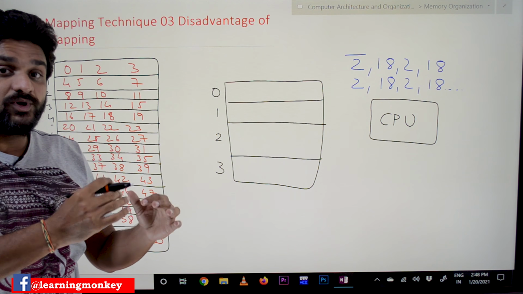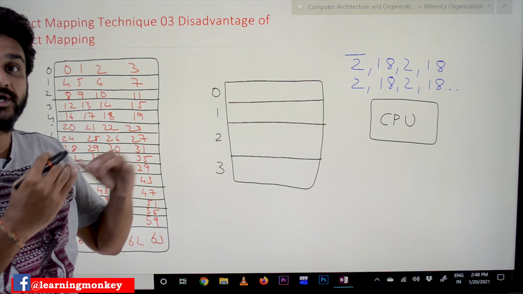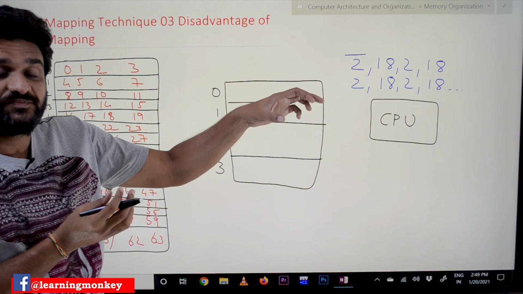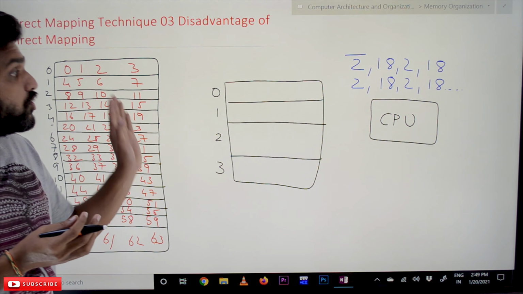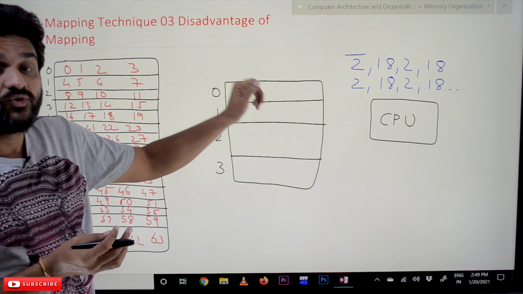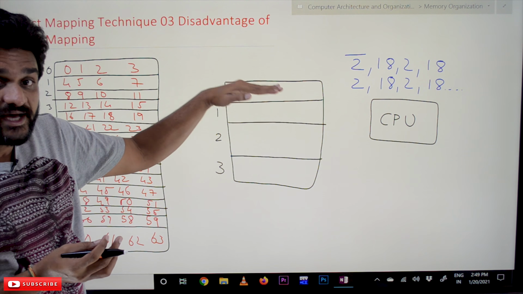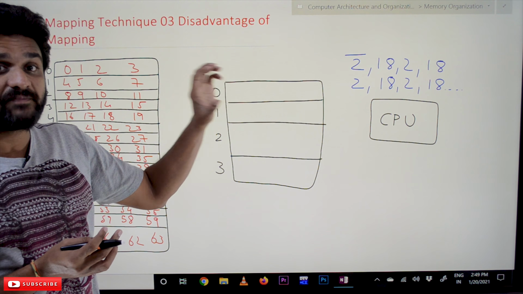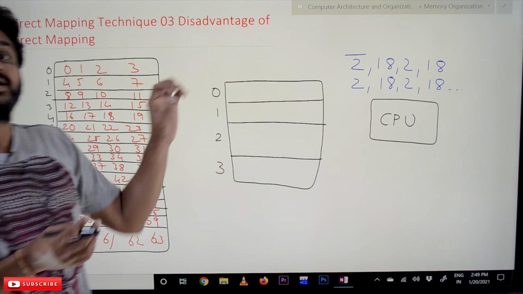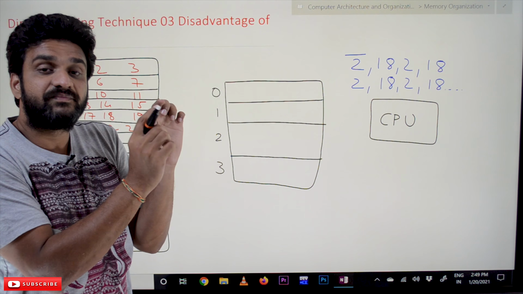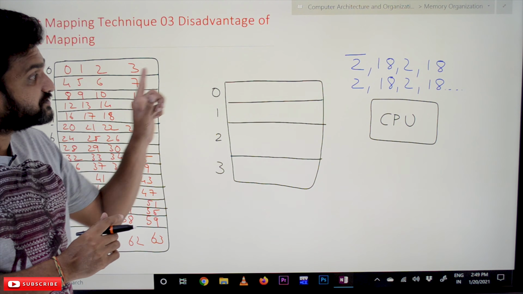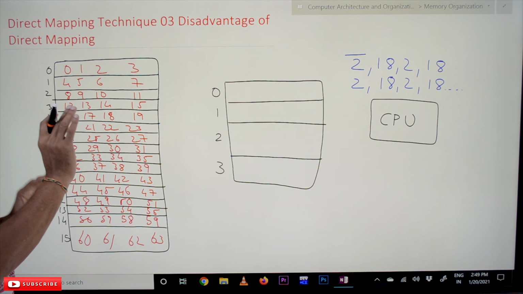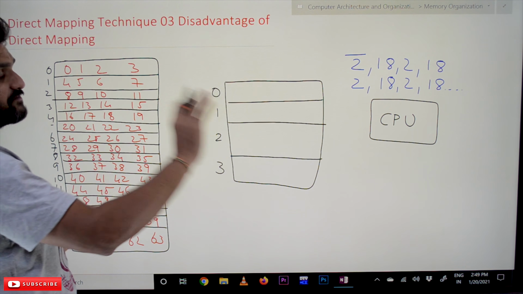The 0th block, 4th block, 8th block and 12th block, whenever requested by the CPU, have to be transferred only onto the 0th line of the cache memory. That is what we call the direct mapping technique. Direct mapping means a certain block of the main memory has to be transferred to a specific line of the cache memory.